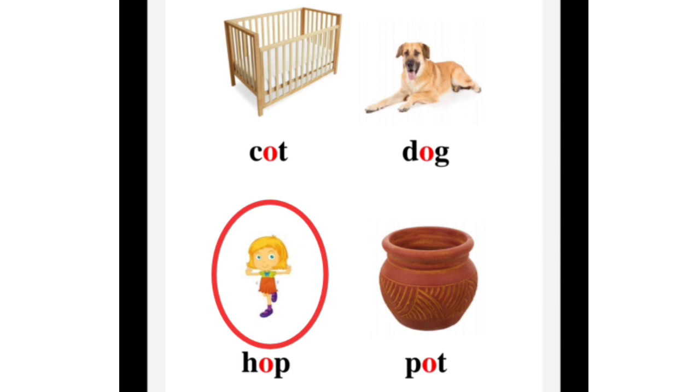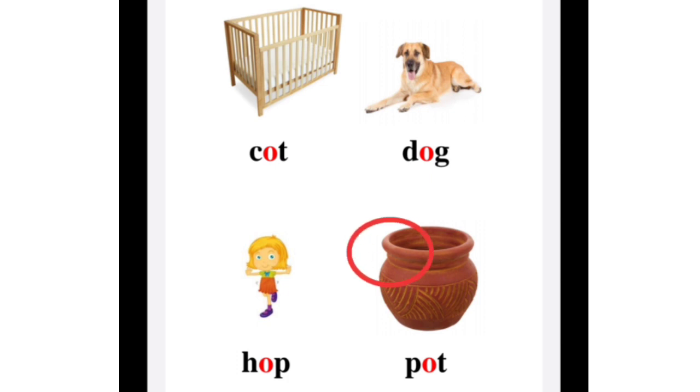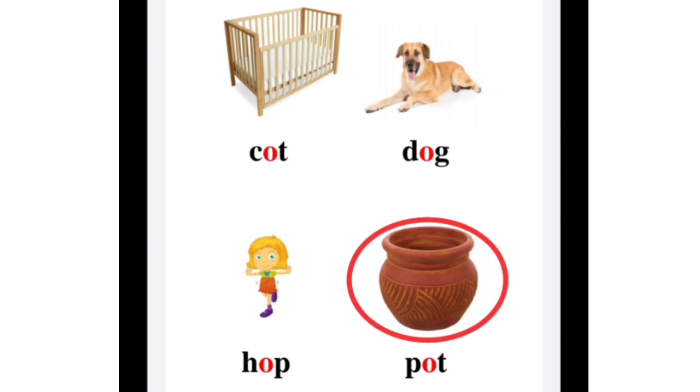H-O-P, hop. When we jump on one leg, it is called a hop. Next picture, pot. P-O-T, pot. It is a container to store water and other things. Now that we have seen and learned some new CVC words, let us now write it.